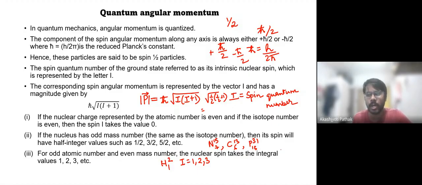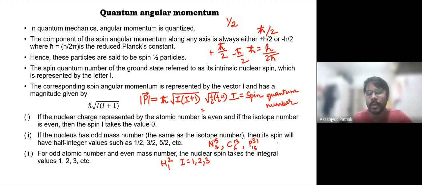A nucleus can have 0 spin quantum number, and those nuclei are NMR inactive. If the spin quantum number I for a nucleus is 0, then it is NMR inactive. While if nuclei have integer values or half integer values, then such nuclei are NMR active.